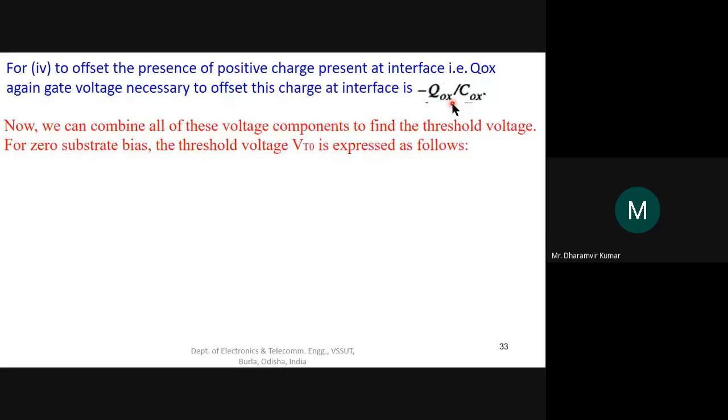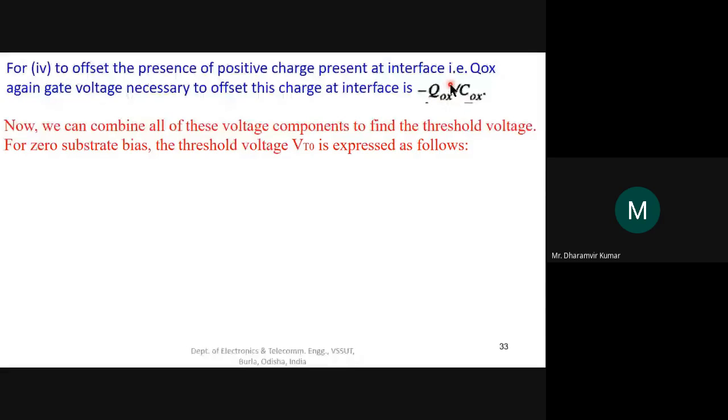If there is some positive charge at the interface, that is Q oxide, then the gate voltage required to offset the effect of these positive charges would be a negative voltage of the same value, minus Q oxide by C oxide, because we know that Q by C is equal to the voltage. So this becomes minus Q by C, and this voltage value will nullify the effect of the charges, Q oxide, that are trapped in those interfaces.